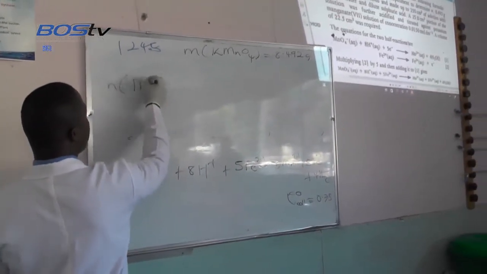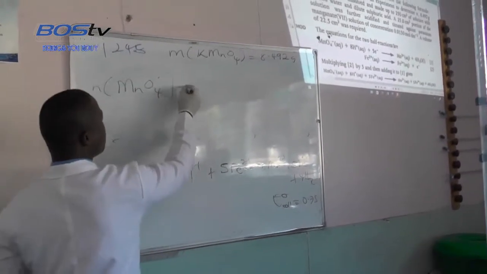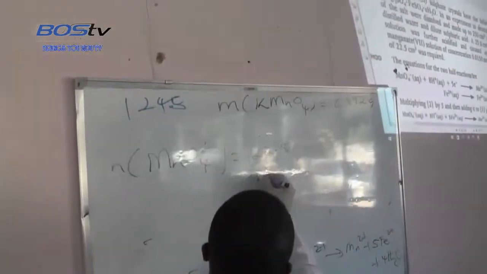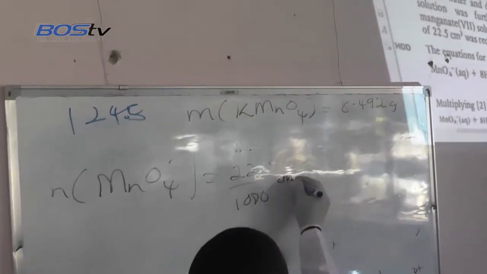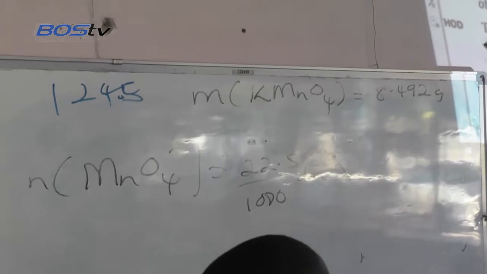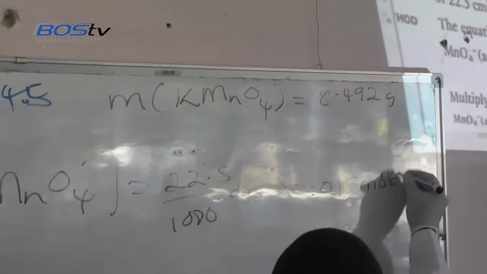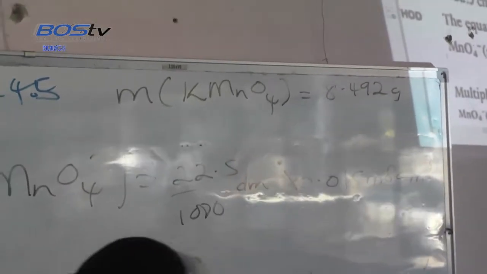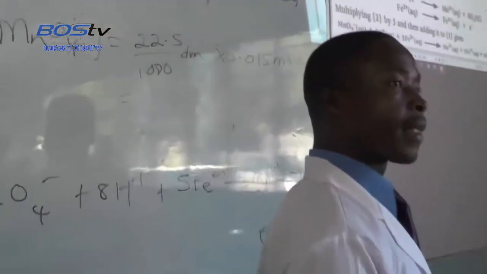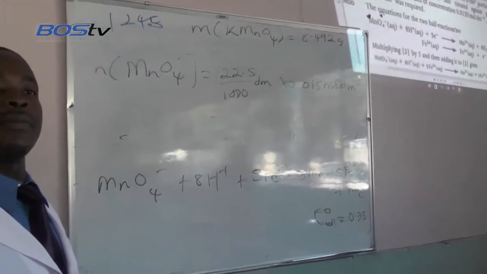Therefore, n of MnO4 minus required for this particular reaction equals the volume, 22.5 over 1000 cubic decimeters, times the concentration. What is the concentration? 0.015 moles per dm cubed. Can somebody calculate the number of moles of KMnO4 from your concentration and your volume?